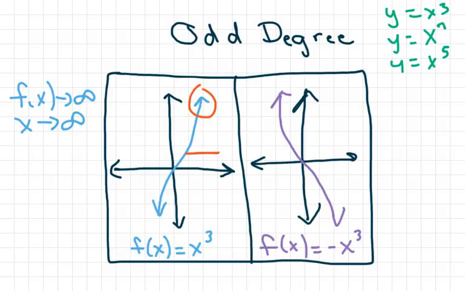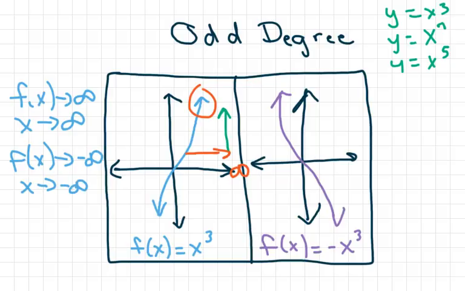So as x goes to infinity, y is going up. Now, y goes to negative infinity when x approaches negative infinity.